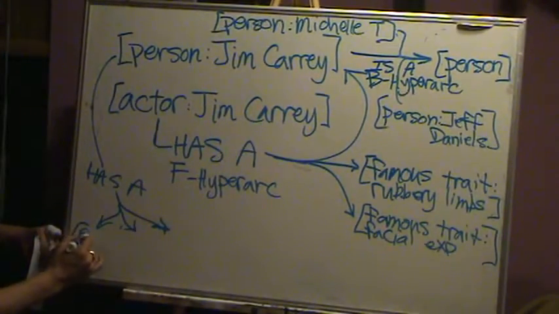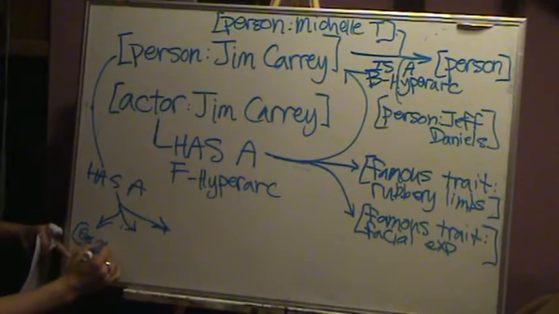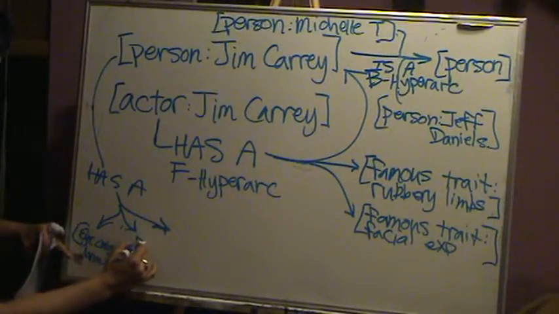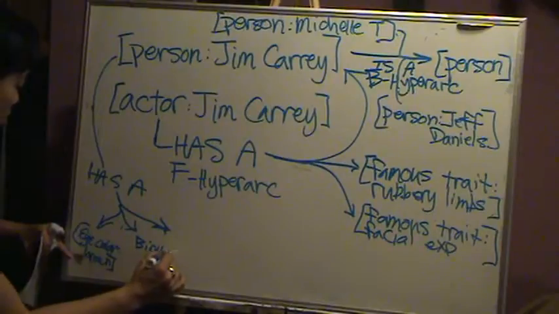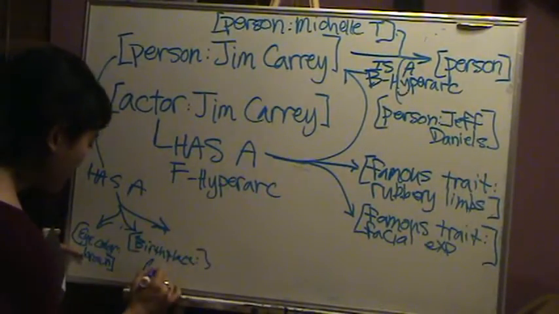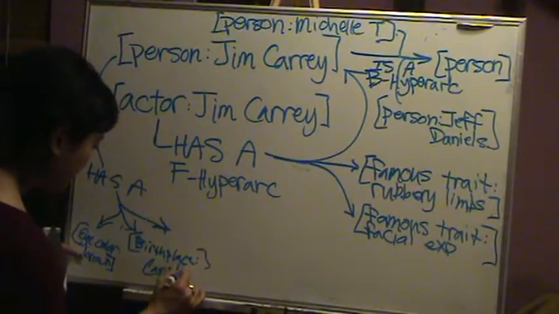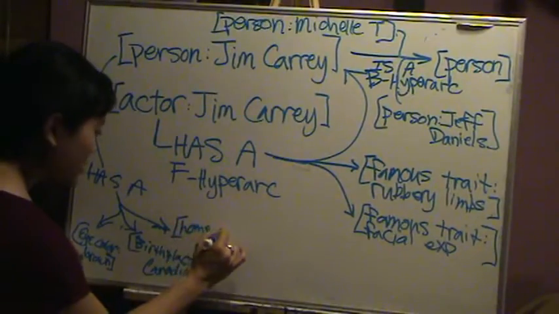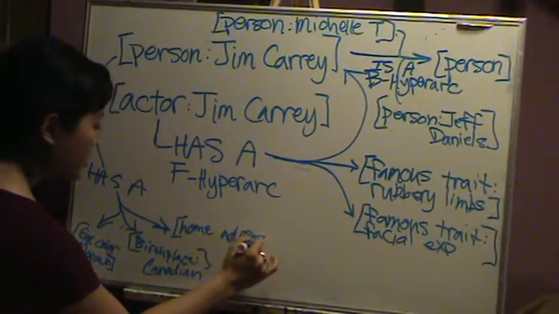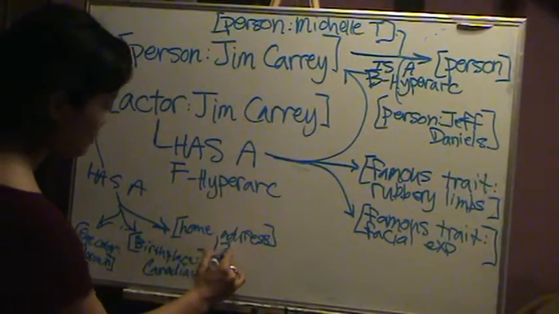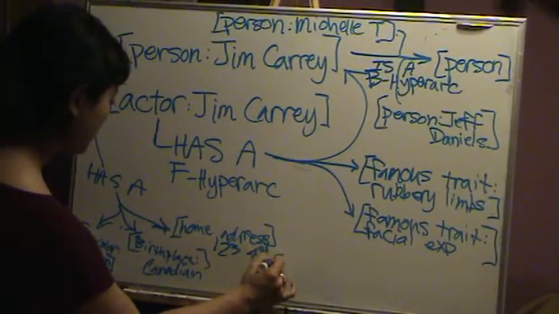So he can have an eye color, which I think we'll say is brown. He can have a birthplace, which is Canada. He can have a home address, which might be just 123 4th Street.